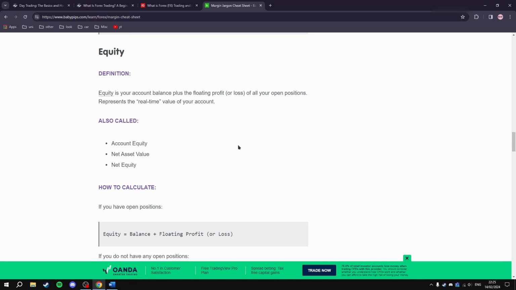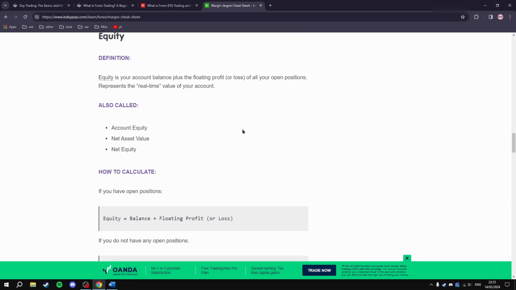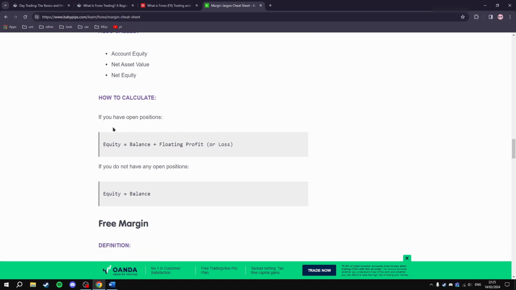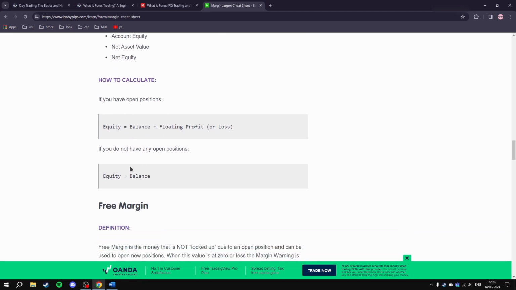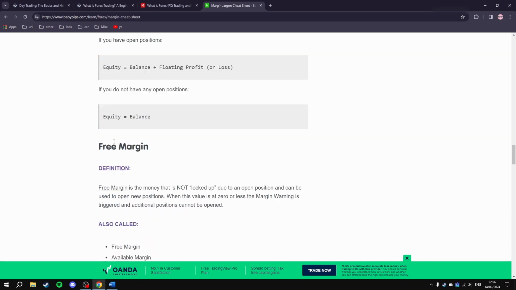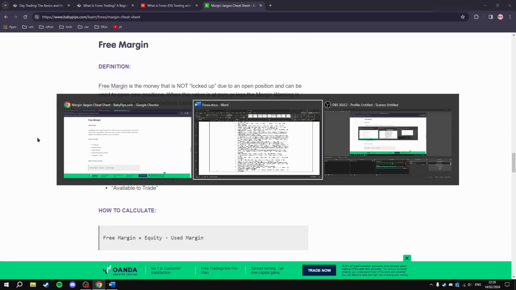Also called account equity, net asset value, net equity. How to calculate: if you have open positions, equity equals balance plus floating profit or loss. If you do not have any open positions, equity equals balance. Free margin.